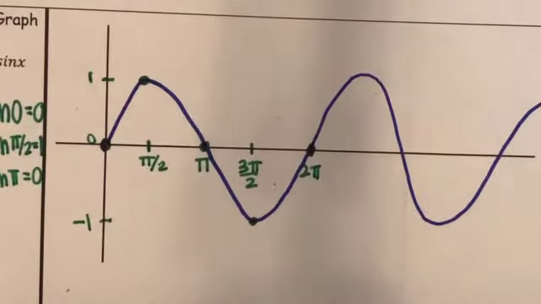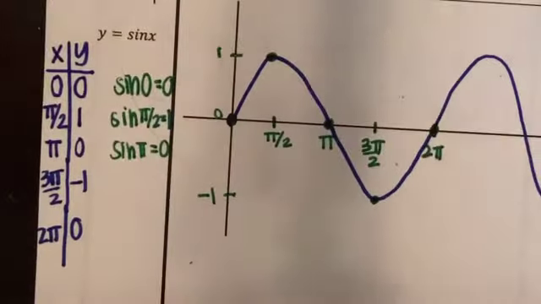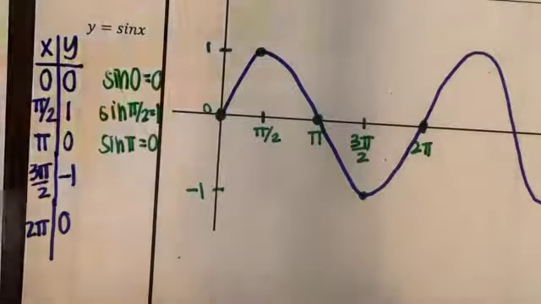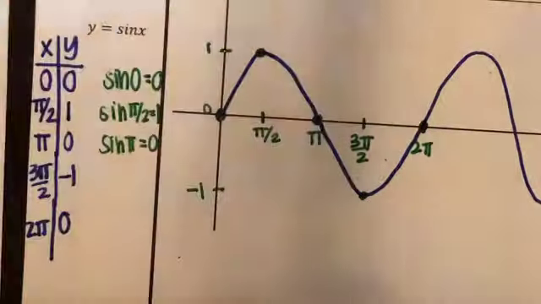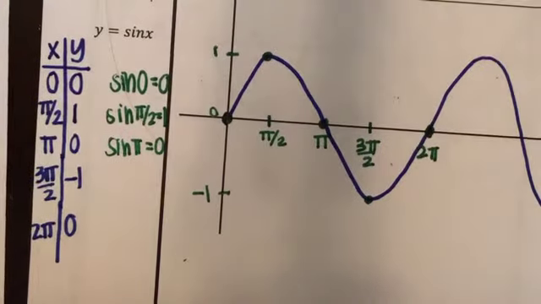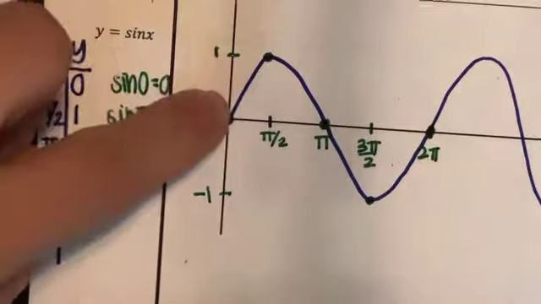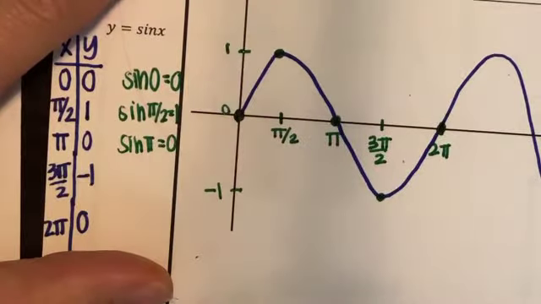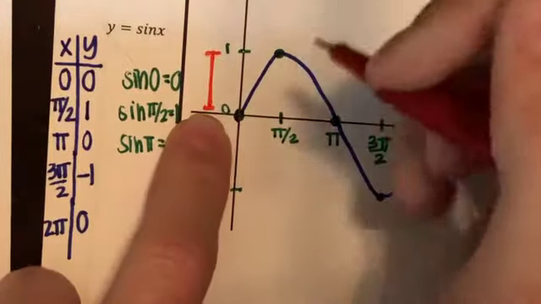Okay, so don't worry too much about being able to create the table. This is just showing you where the numbers come from. So I'm only going to do a table for this first one. And what we really need to understand from this is just a few things. This thing right here is going to be our amplitude.